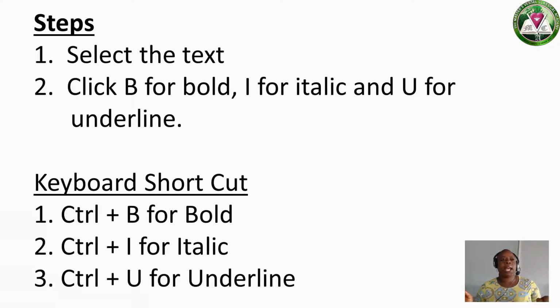Press the CTRL key on the keyboard and press B. You have bolded the text. For italics, you hold the CTRL key and press I. You have italicized, making the text slant to the right. For underline, you hold the CTRL key and press U. You have underlined the text.